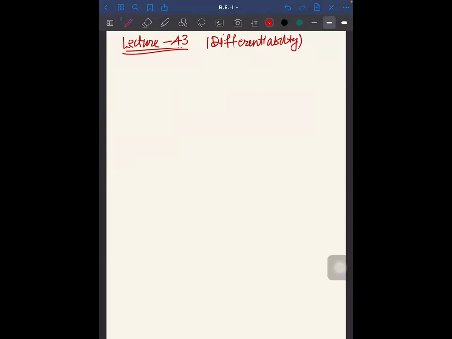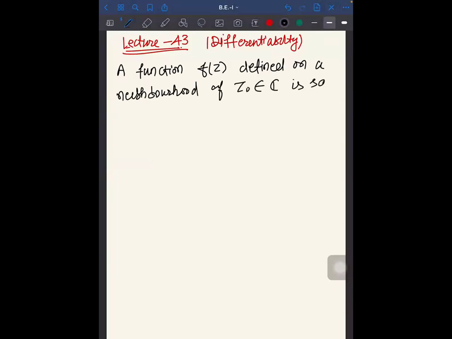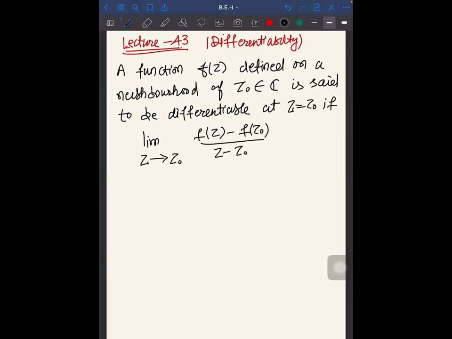A function f(z) defined on a neighborhood of z naught belonging to C is said to be differentiable at z equal to z naught if the same thing which we used to evaluate in real analysis, we'll do over here: f(z) minus f(z naught) upon z minus z naught should exist finitely.